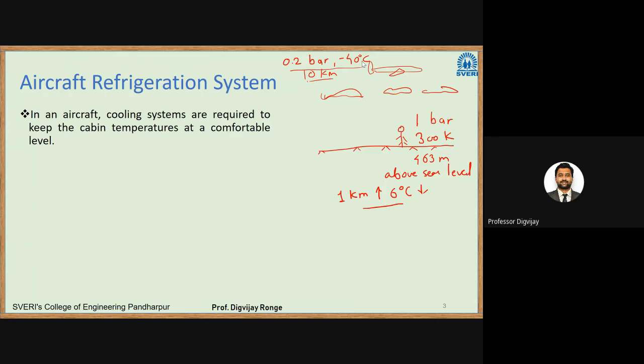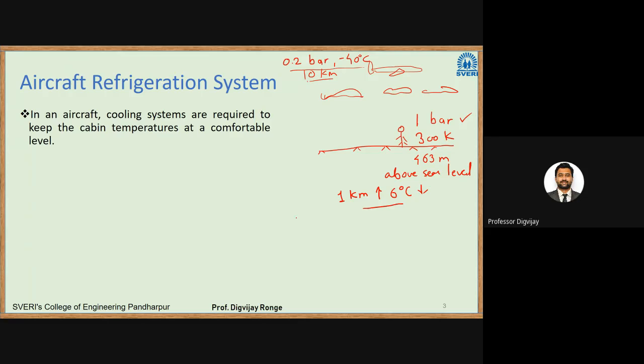You can feel that pressure from inside on the membrane in your ears. That is due to this pressure difference, because in the aircraft we have to maintain 1 bar and 300 Kelvin.